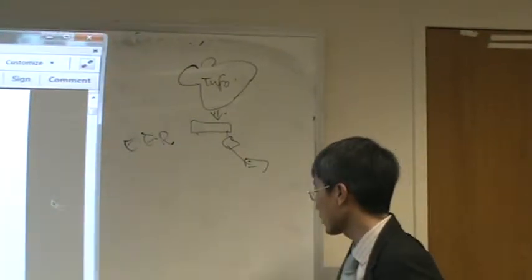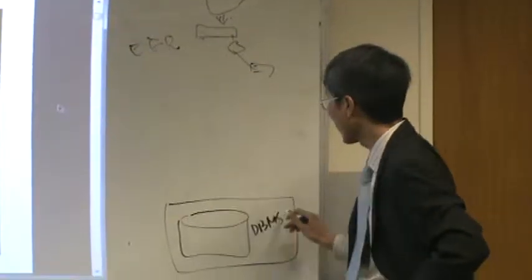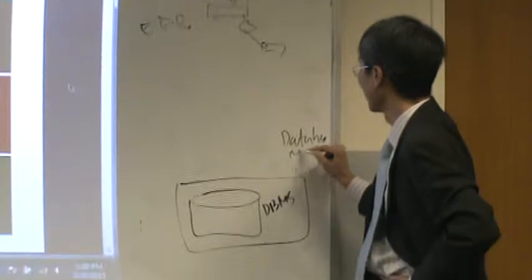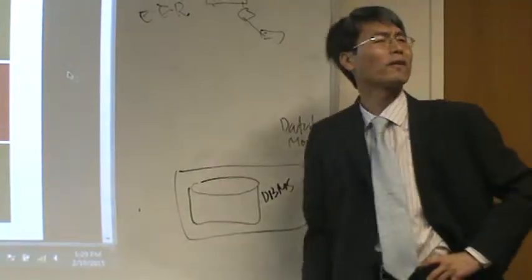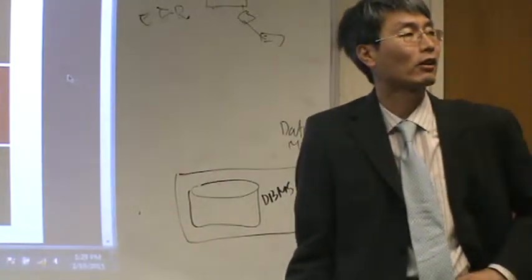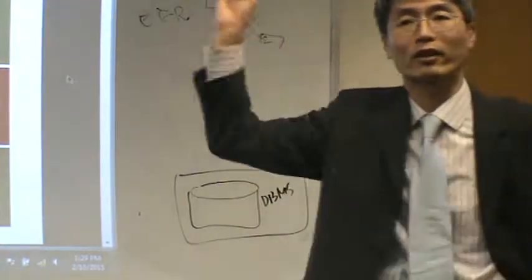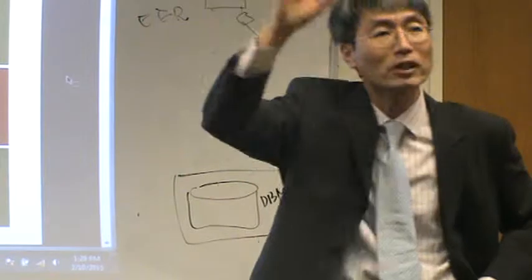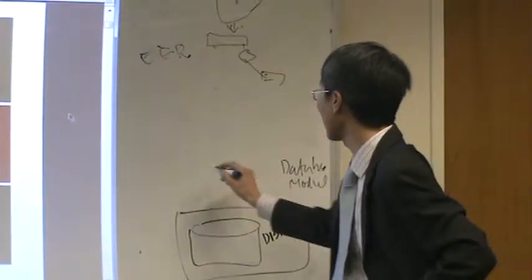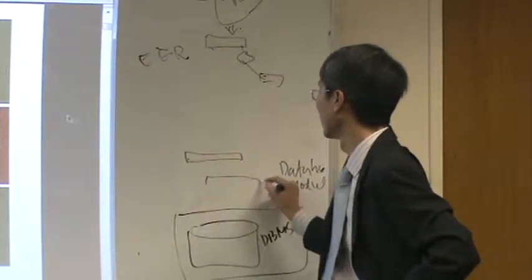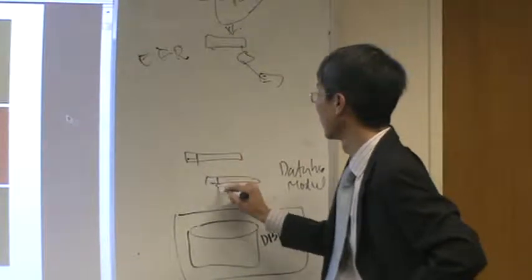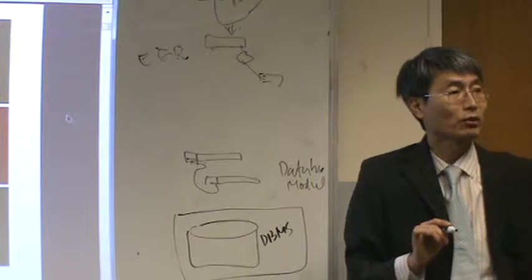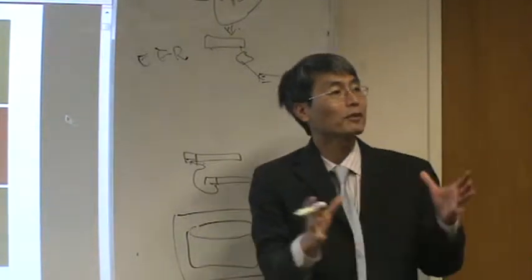Also, we have learned about database models. There are a bunch of different database models: network, hierarchical, object-oriented, and so on. Among them, we select the relational database model, which is based on the concept of relation.